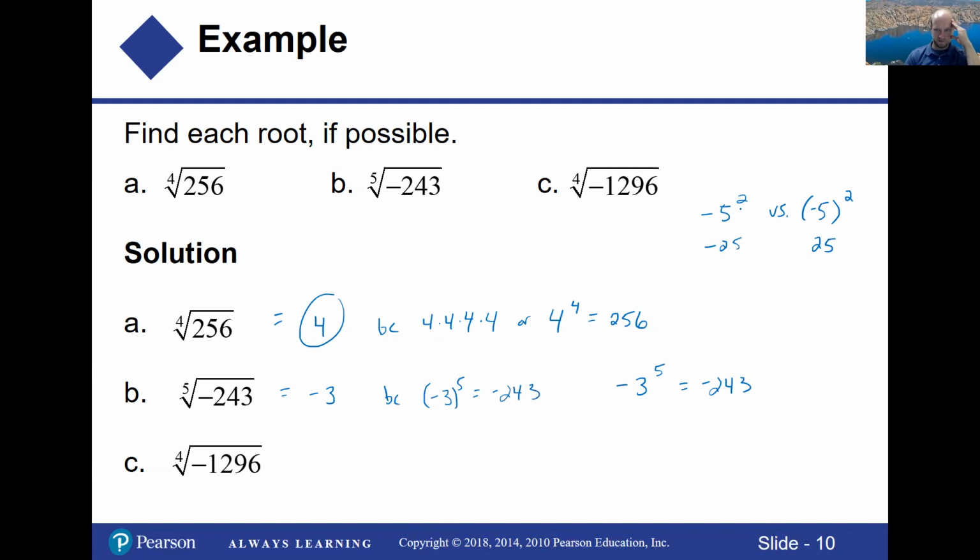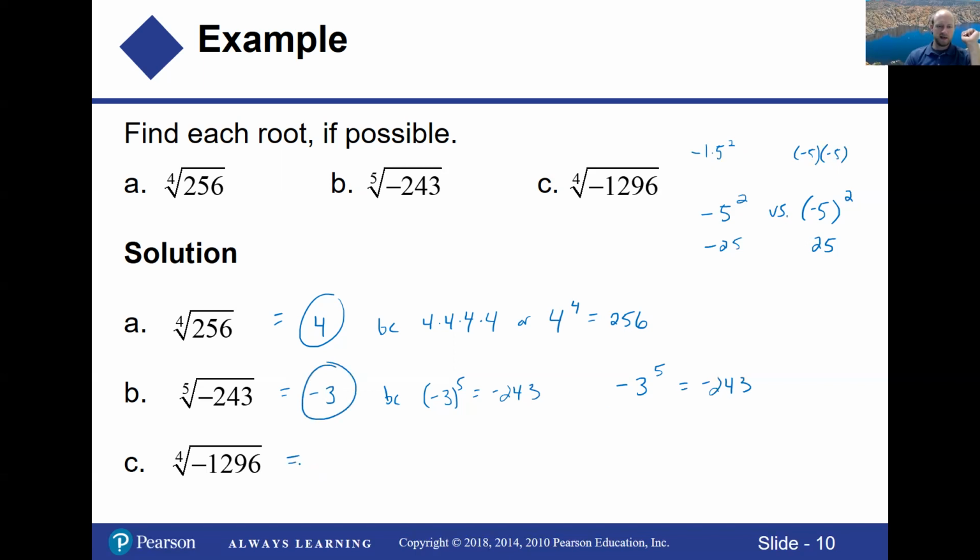That's because here you do order of operations. You take the 5 squared first, which is 25, and then multiply by negative 1. This really means negative 1 times 5 squared. But in this case, this one is negative 5 times negative 5, which is positive 25. So just be careful with that.